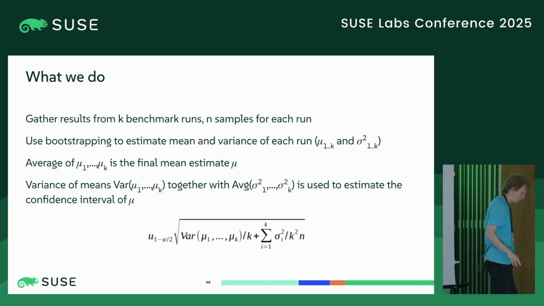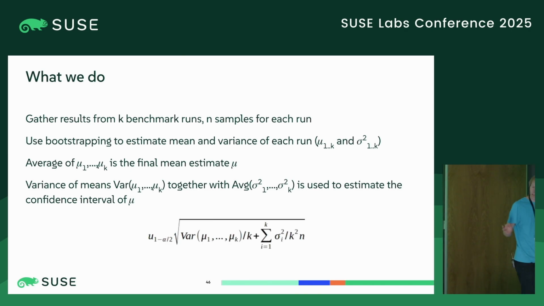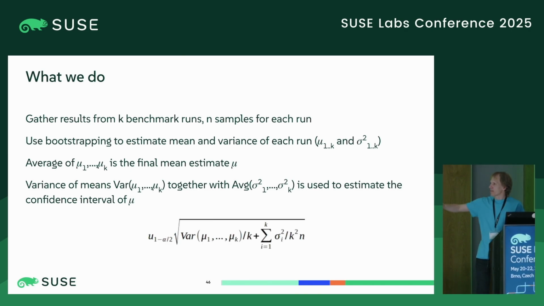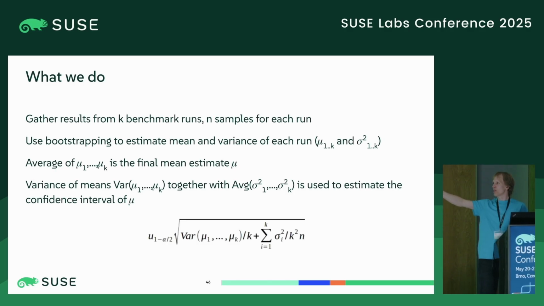It's not that difficult to derive this formula, but intuitively it says that the confidence interval depends on how much the numbers vary inside each benchmarking run, as well as on how much variance we get between individual benchmarking runs.